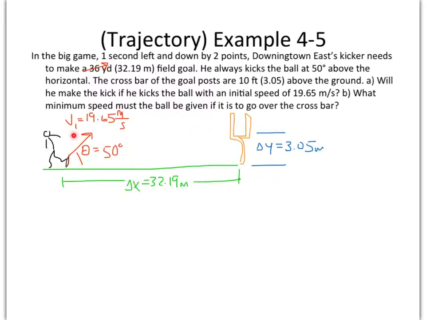Will he make it? Well, what question A is asking is really, assuming he makes it to the goalpost, which is 32.19 meters away, is delta y going to be greater than 3.05 meters?